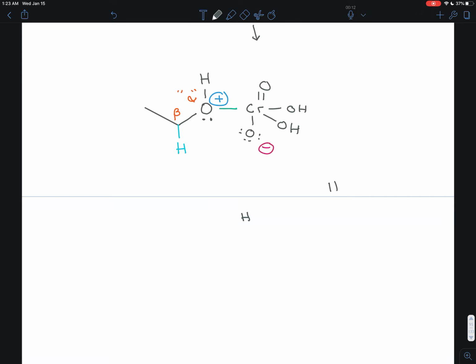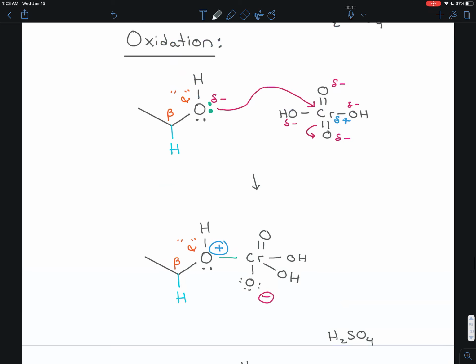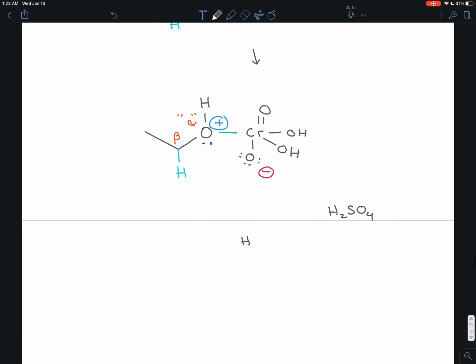So remember, sulfuric acid is H2SO4. It has a really similar structure as chromic acid, H2CrO4. So you have this sulfur in the middle with 2 OHs on either side and a double bond to oxygen up and down. That's sulfuric acid, a really strong acid.